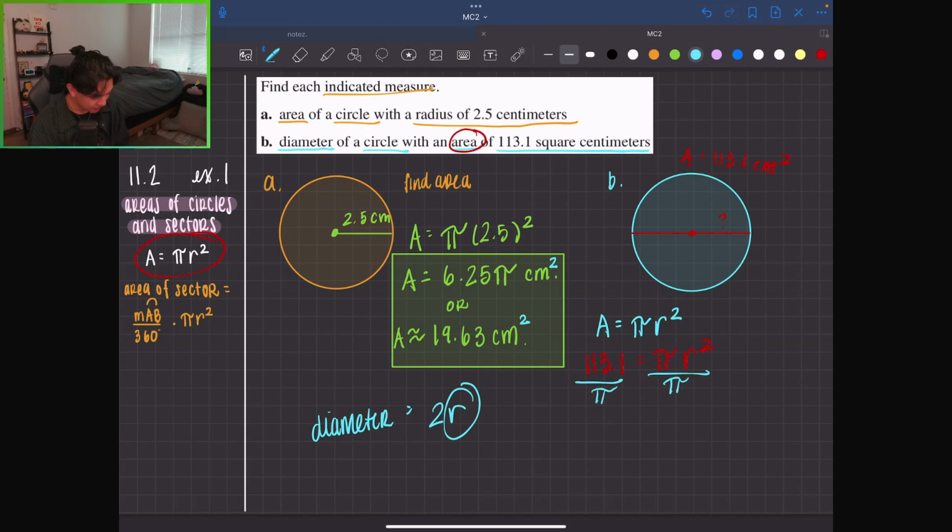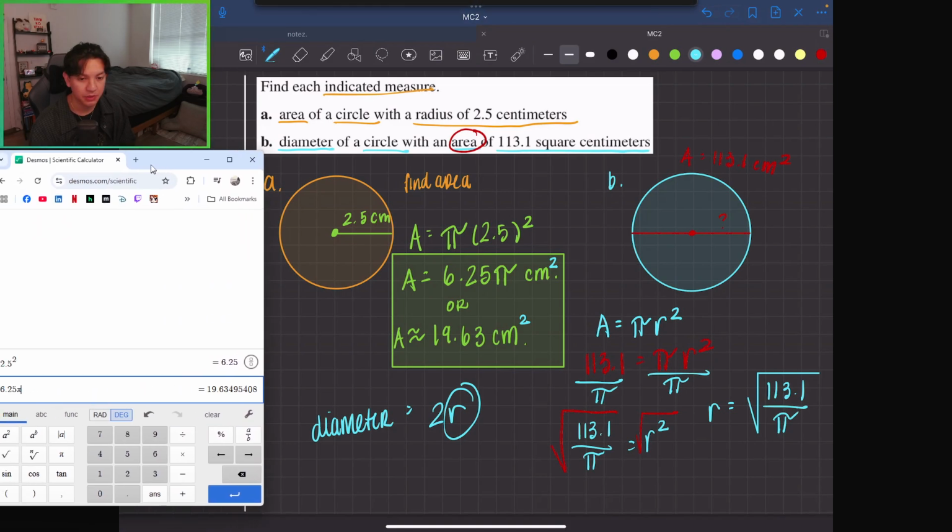So now we have 113.1 over pi equals r squared. Well, if I want to isolate r, what are we going to do to both sides? We're going to square root everything. So now what do we have? The radius equals the square root of 113.1 over pi.